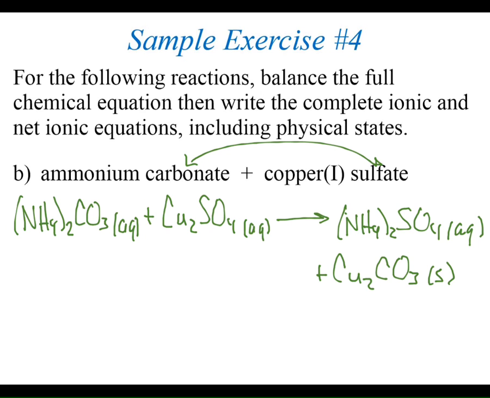Now I want to find the complete ionic equation. So what do I do? You cancel out what you see on both sides. Not yet, that's the next thing. First, whatever is aqueous, break it apart and show the ions individually. So ammonium carbonate, what ions will that break up into? Ammonium.